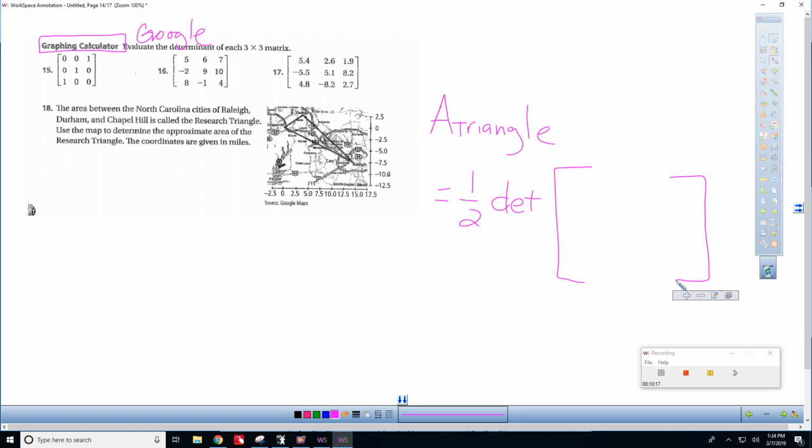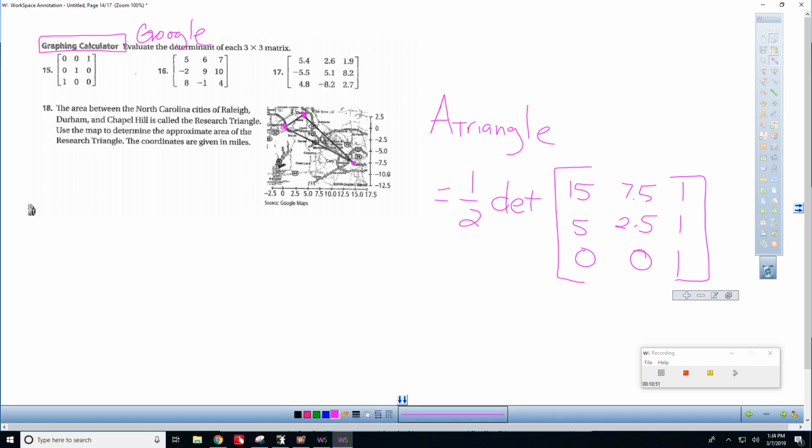That is, if you can write the triangle, add ones over here, which is so random, and then have this point be a point on the triangle, so 15, 7.5, and this point on the triangle, 5, 2.5, and then this point on the triangle, 0, 0.